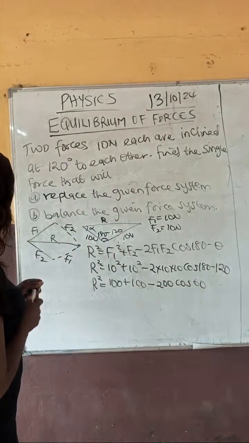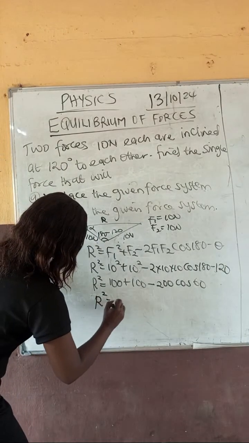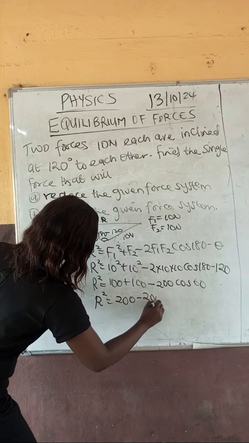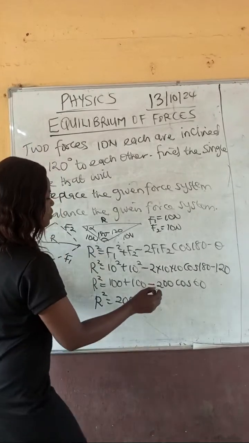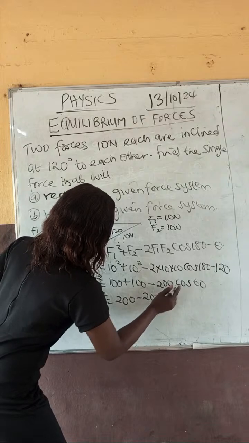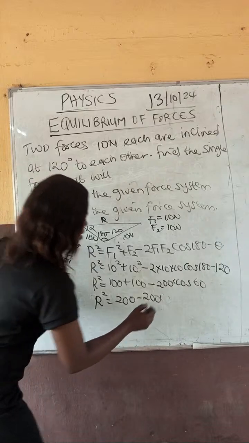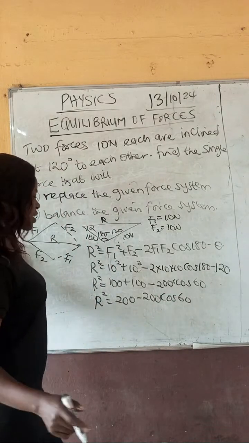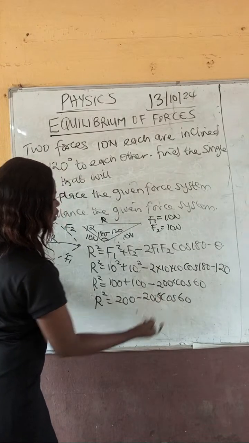Alright, now what do we have? R square is equal to 100 plus 100, which is 200, minus 200 cos 60. Now, don't just say 200 minus 200, because there is a multiplication sign connecting the 200 and cos 60.